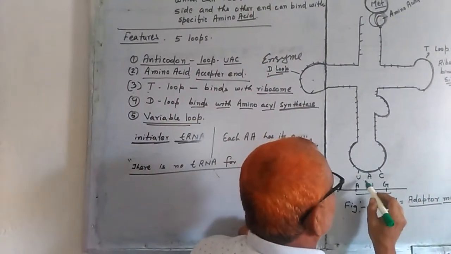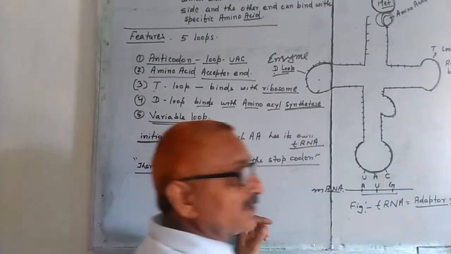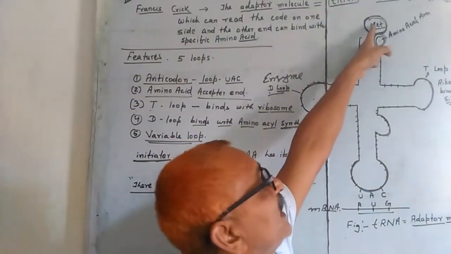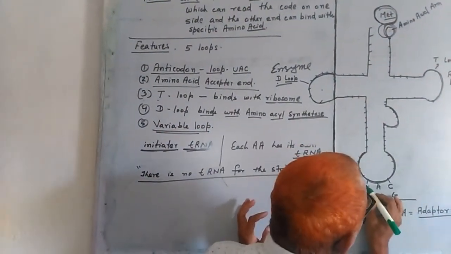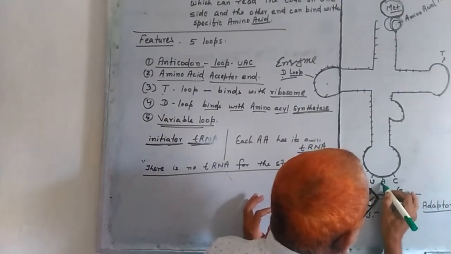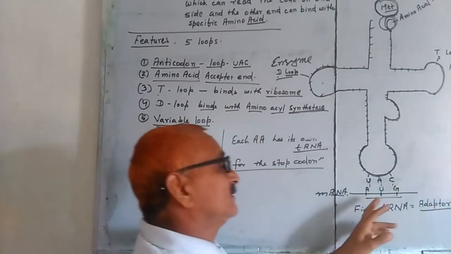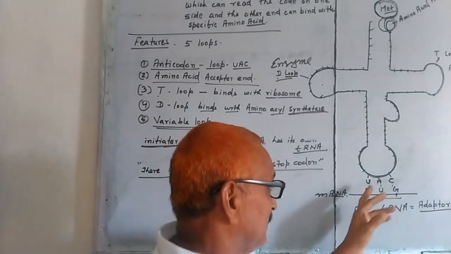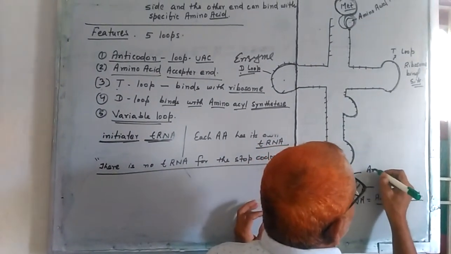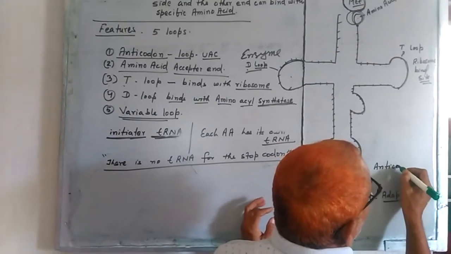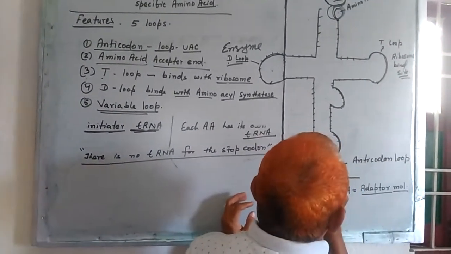Remember, the messenger RNA has AUG for the amino acid methionine, so the anticodon is UAC. These are the anticodons, on the anticodon loop.